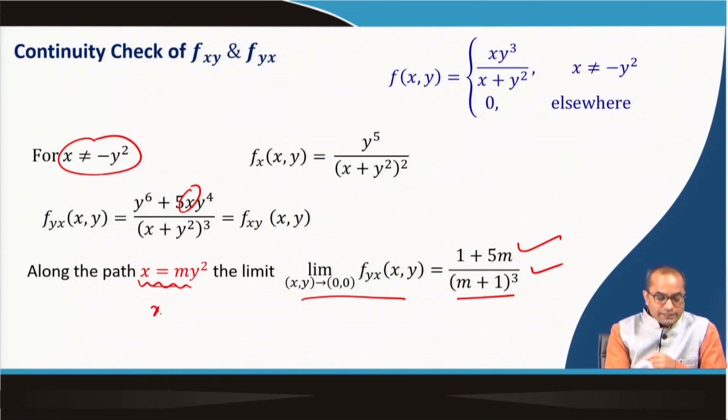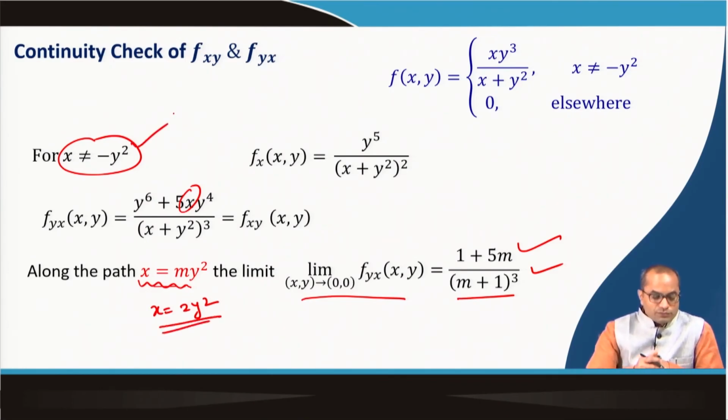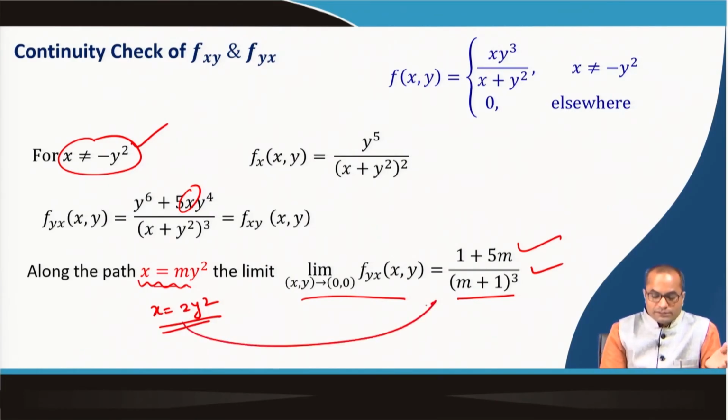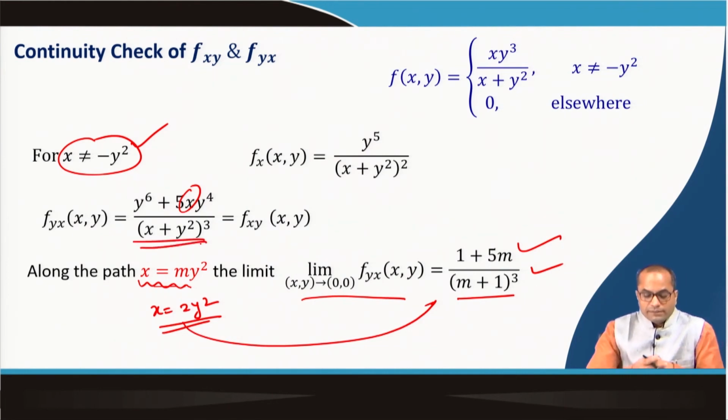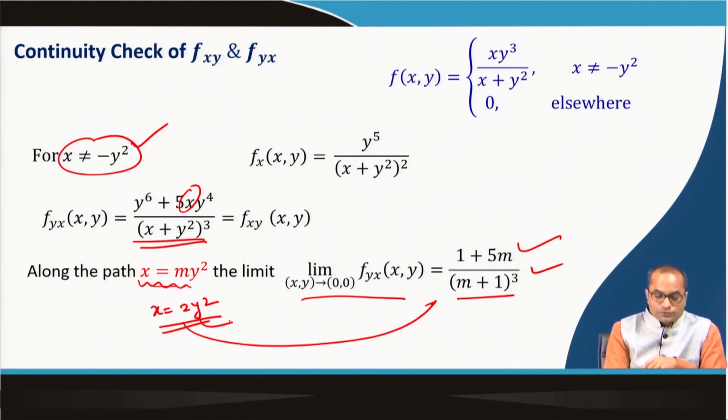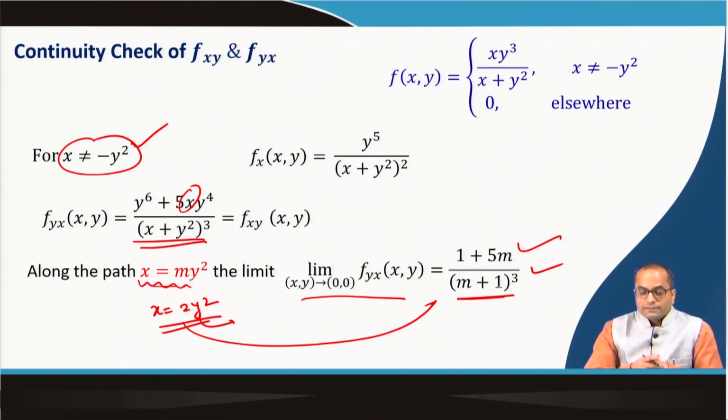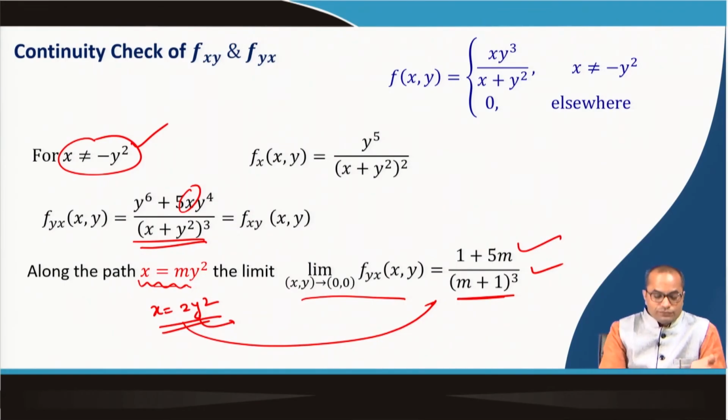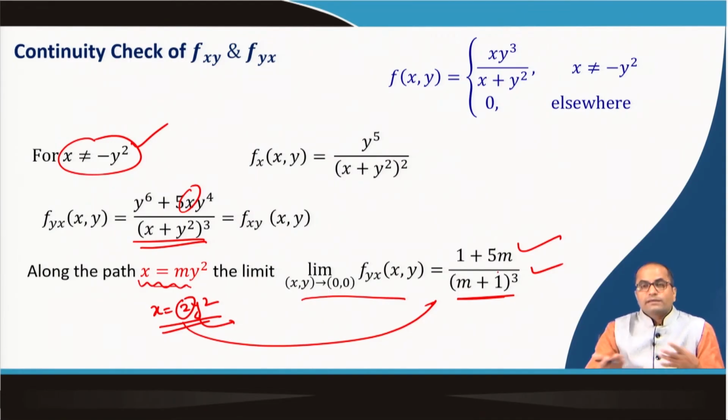For example, take x is equal to 2y square. Along this path x is of course not equal to minus y square, and then you substitute in this function and take the limit as x goes to 0. We will realize that we get a number which is again different. If you vary this coefficient, and instead of 2 take 3, you will get another number.